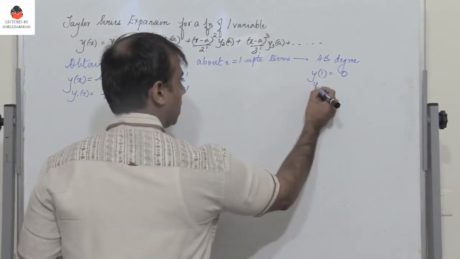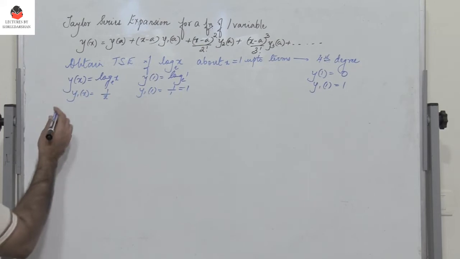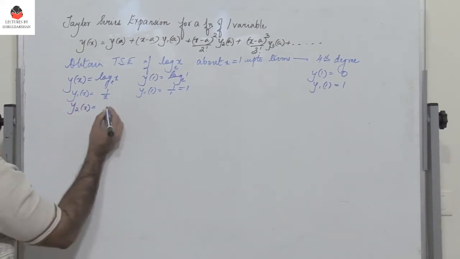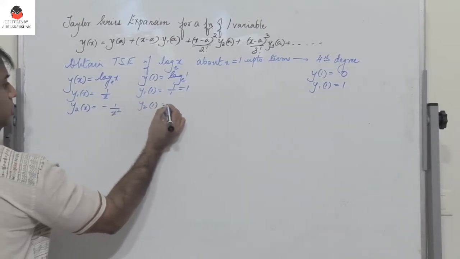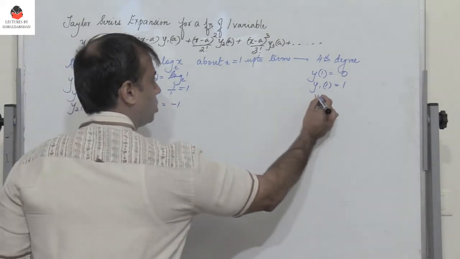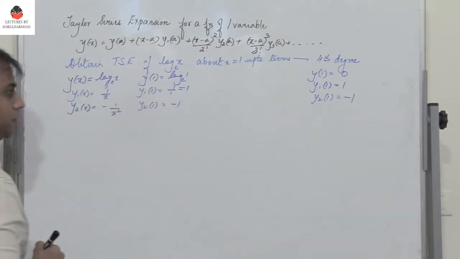Next, y2 of x is differential of 1 by x, which is minus 1 by x square. So you put x equal to 1, you get y2 of 1 equals minus 1.